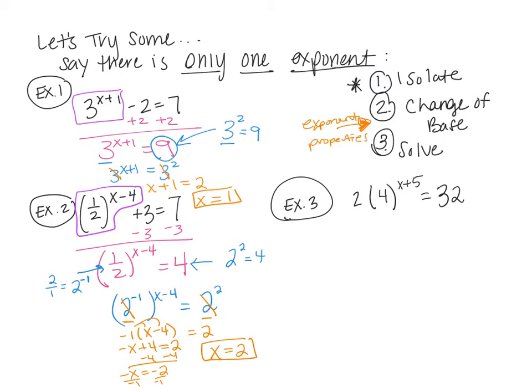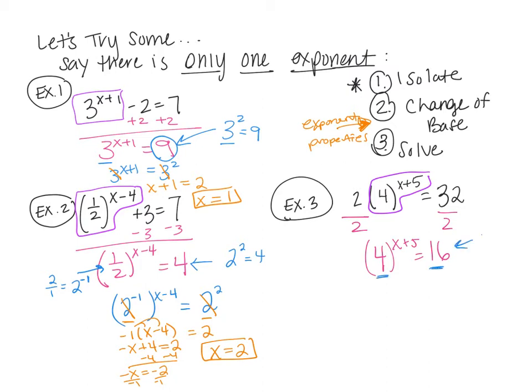Okay. So let's look at this last one here. I'm going to isolate my exponent here. So that means I'm going to need to get rid of the 2. So I'm going to divide it by 2. So I'm going to have 4 to the x plus 5 equals 16. All right. So I look at these and I say, how can I get these bases the same?